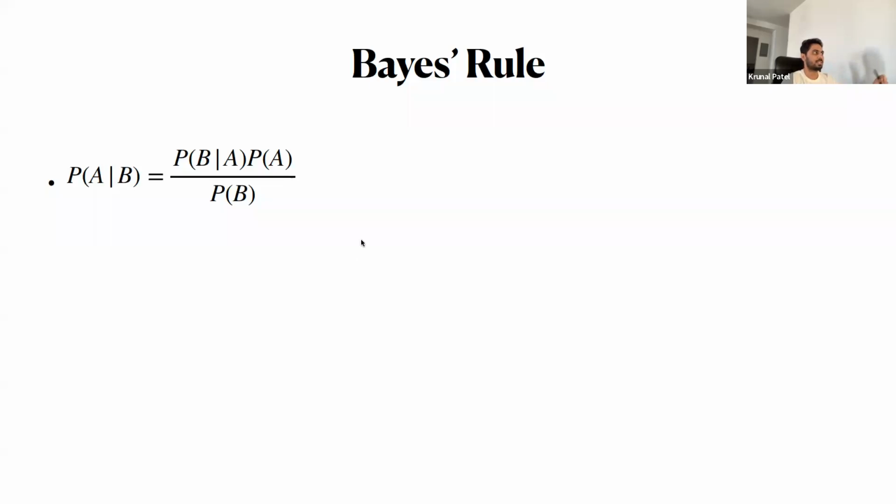It's exactly what I just told you, we just substituted one part in the numerator, and that's where we have the Bayes rule. So this is so far very simple, but we can make it even more complex, just because we like complex things. Probability of B can also be seen in two different ways.